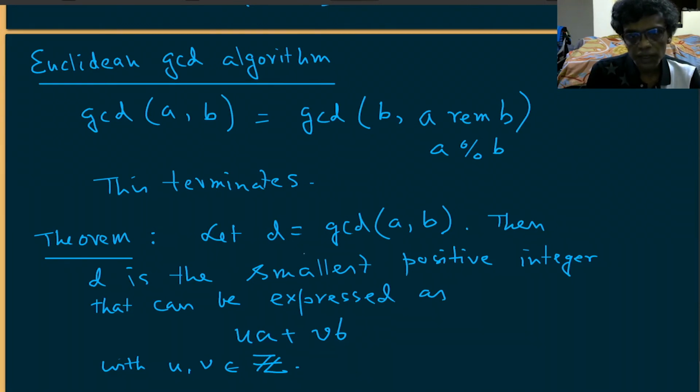Then the only thing that we want to establish now is that this is the smallest positive integer which has this property. But that is quite obvious, because D is the GCD of A and B, and therefore D divides A, D divides B, and therefore any sum of this form UA plus VB with U, V coming from Z is divisible by D. And therefore it follows that D is the smallest one.